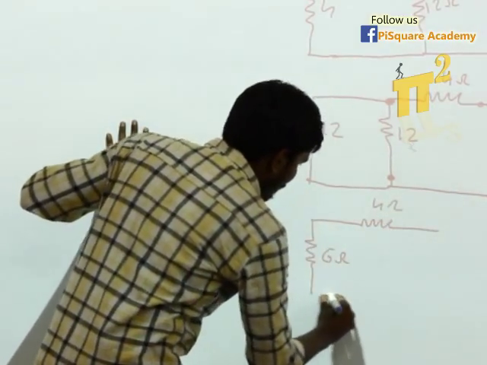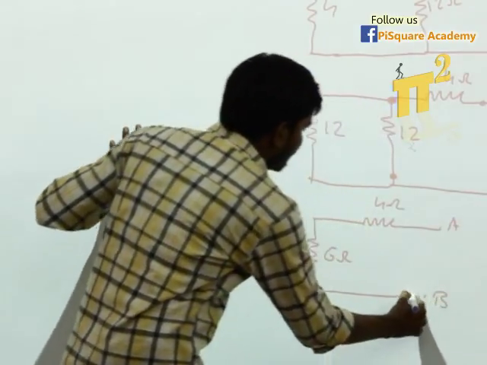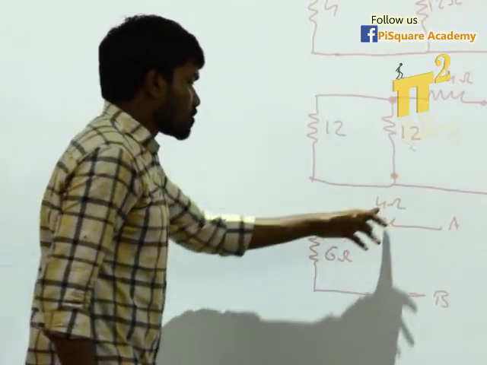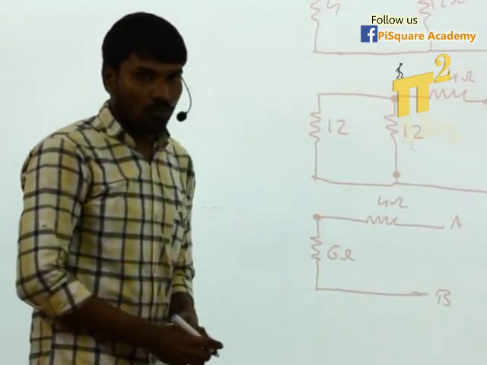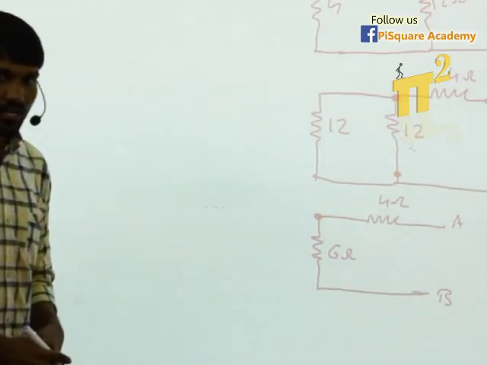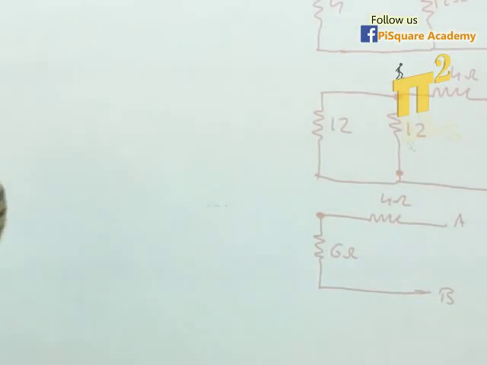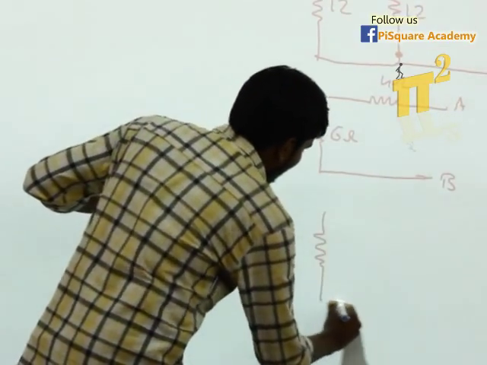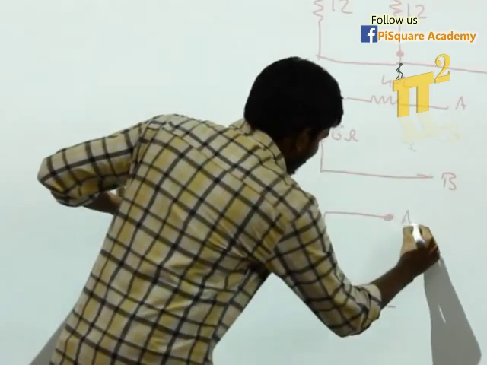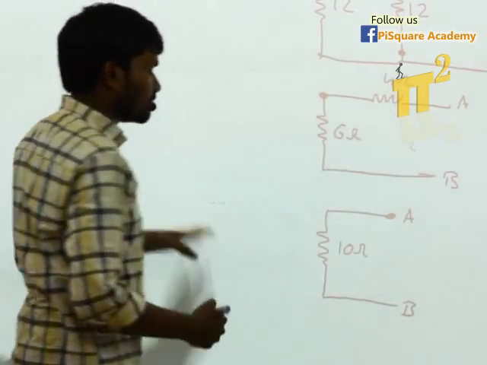It is 4 ohms, A terminal, B terminal. Now can I say these two are in series? Check it. The degree of the node is 2, so I can say they're in series. If they're in series, the resultant resistance is simply 6 plus 4, which is 10 ohms.